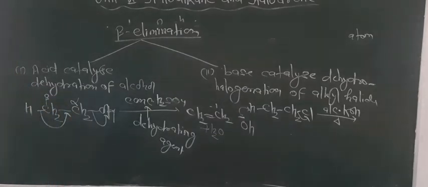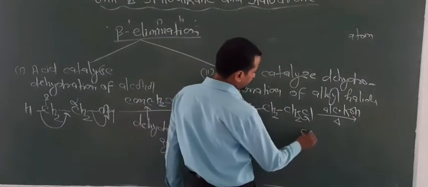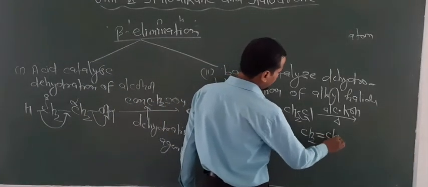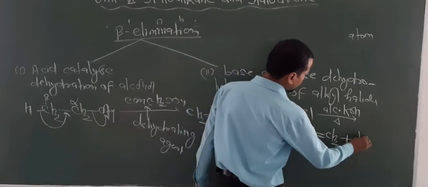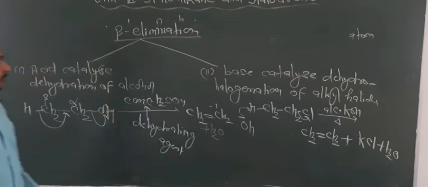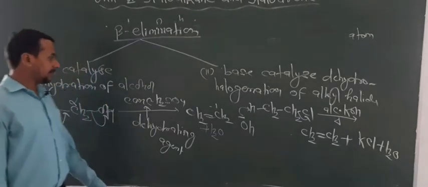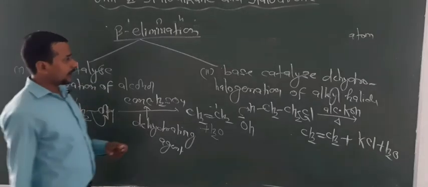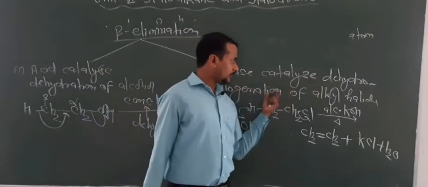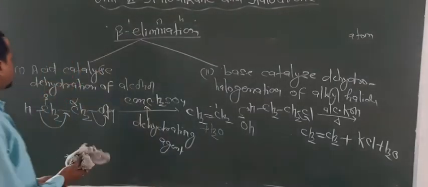Like this the alkyl halide can be converted to CH2 double bond CH2, and this will give KCl plus water. So here you have to know about the beta eliminations in case of dehydration of alcohol and in case of dehydrohalogenation of alkyl halides. So this is a very important reaction from the examination point of view.